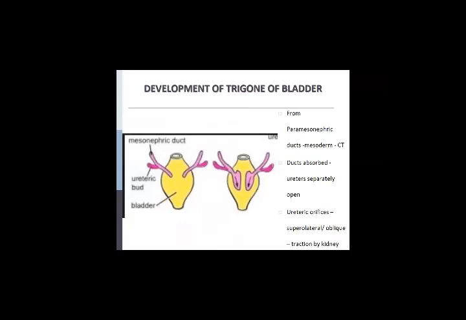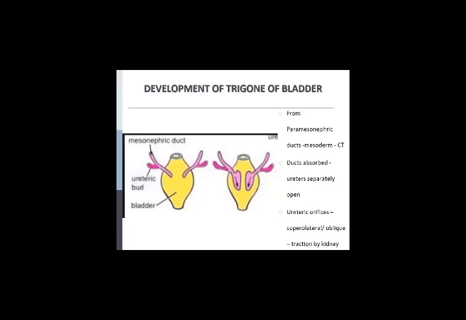So the trigone of the urinary bladder develops a little differently from the rest of the urinary bladder. I showed you the trigone a little while ago. Now, the trigone of the urinary bladder develops from the mesonephric ducts and surrounding connective tissue.